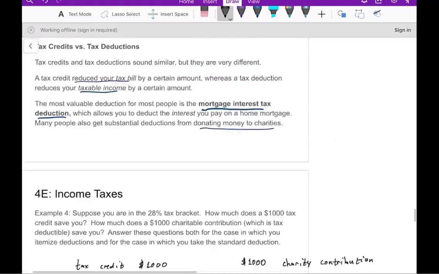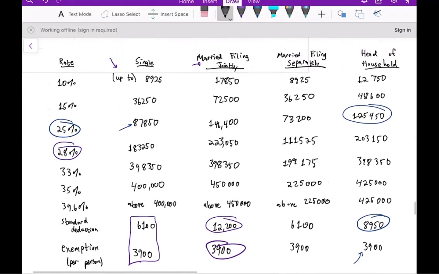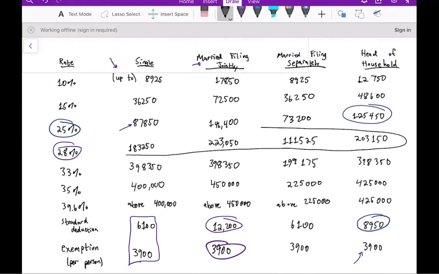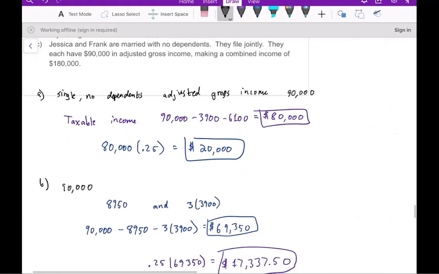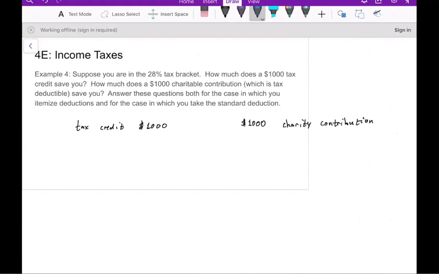But if you're looking at the 28% tax bracket, we're looking at all of these numbers here. Right? Now, of course, the tax credit, this would subtract from what you owe in taxes. Right? But this $1,000 charity contribution would subtract from your taxable income.